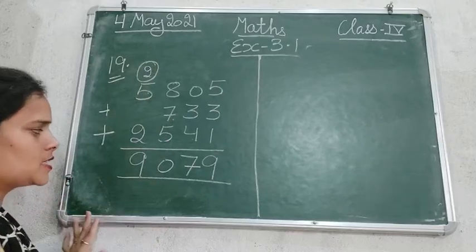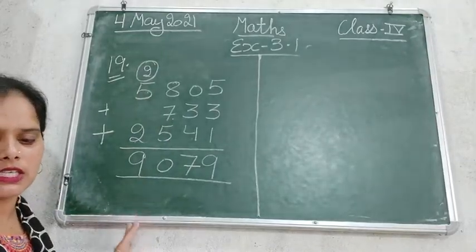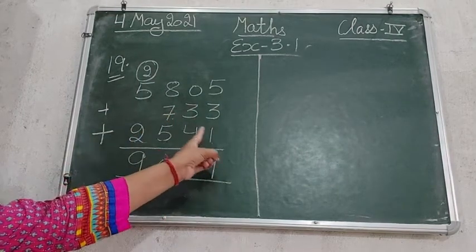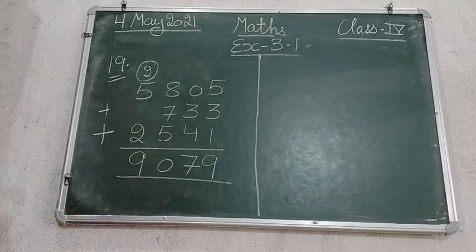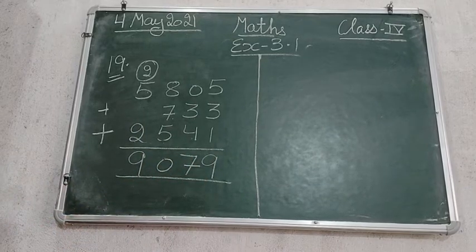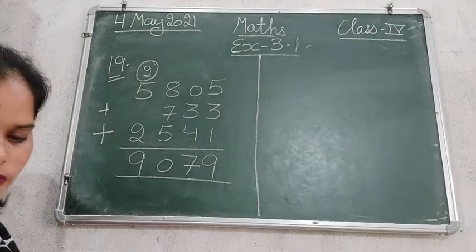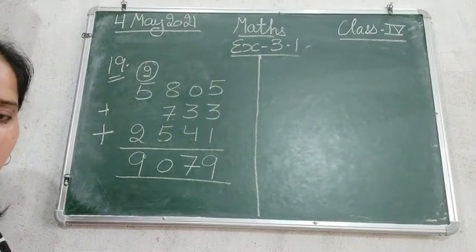So the answer is 9079. After adding 5805, 733, 2541, we got 9079.